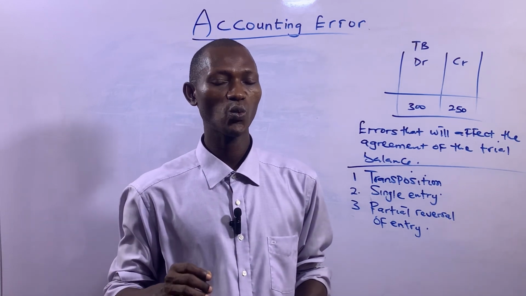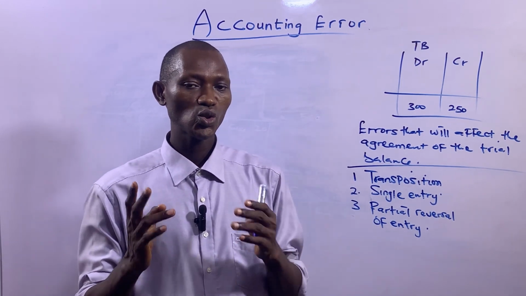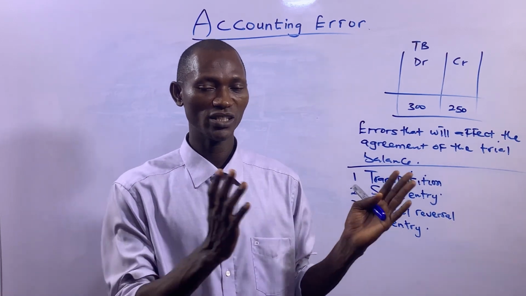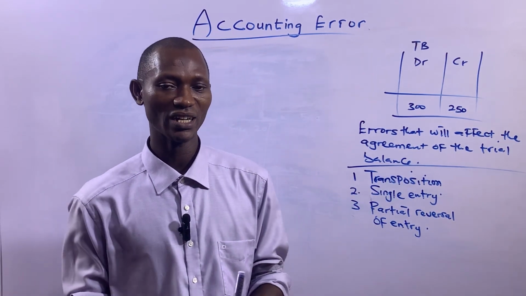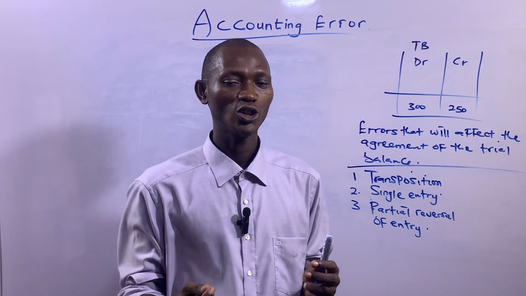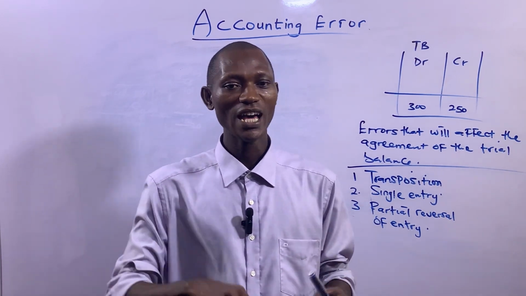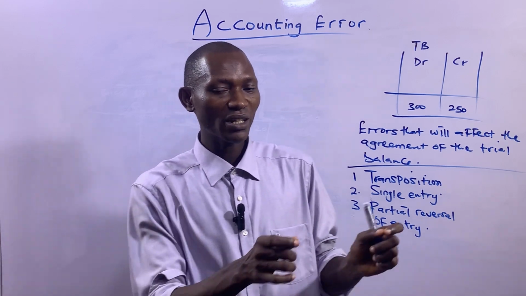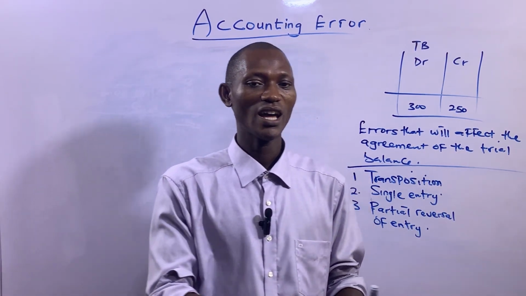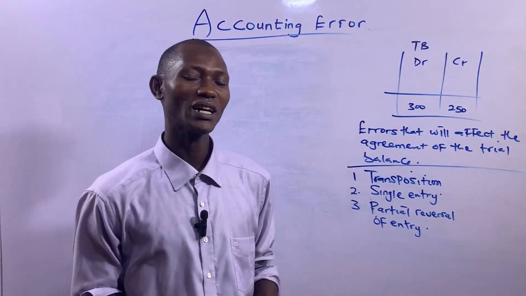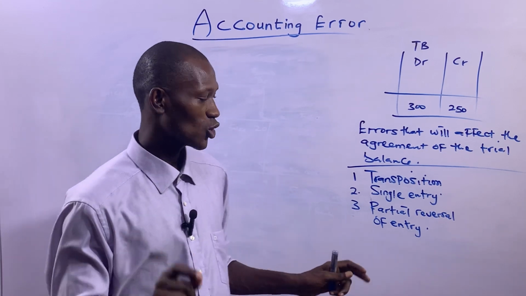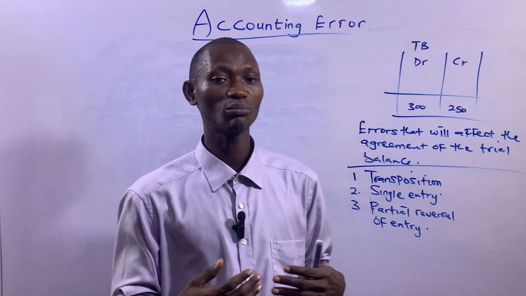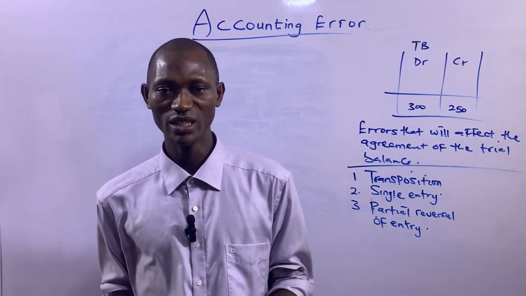And it occurs when two accounts, in every transaction, don't forget, you must debit one account and credit the other account. So in a transaction now, you have debited one account and you have also debited the other account, or you have credited A's account and you have also credited B's account. So this error of partial reversal of entry occurs when the double entry principle has been violated.